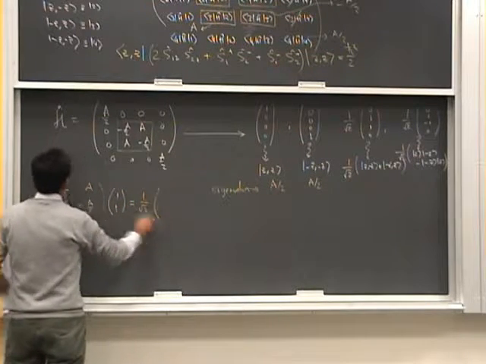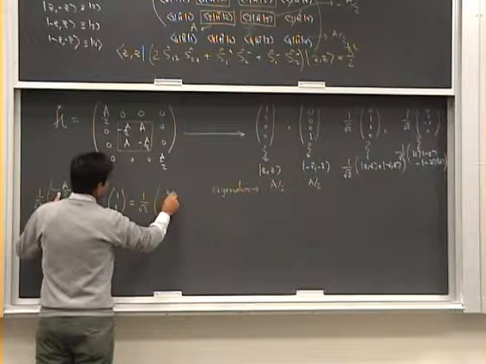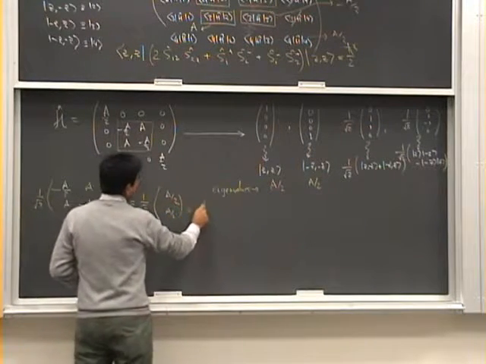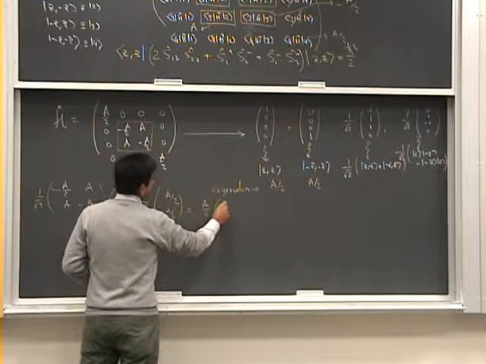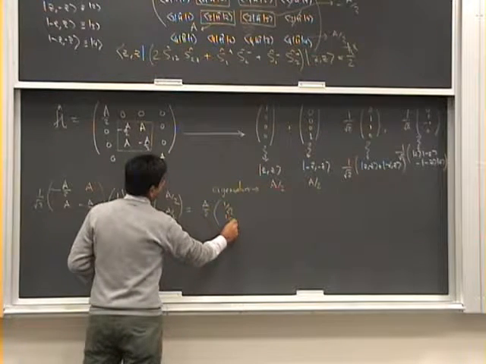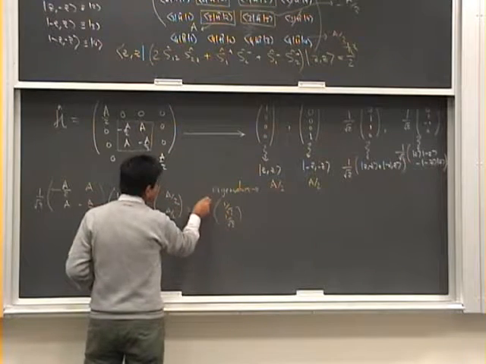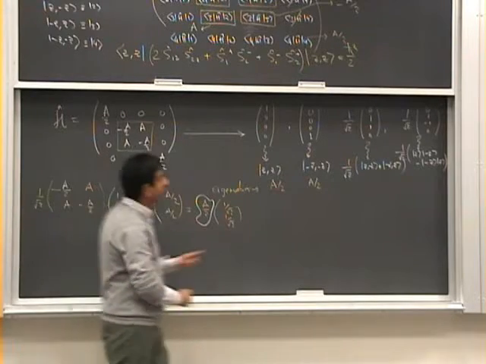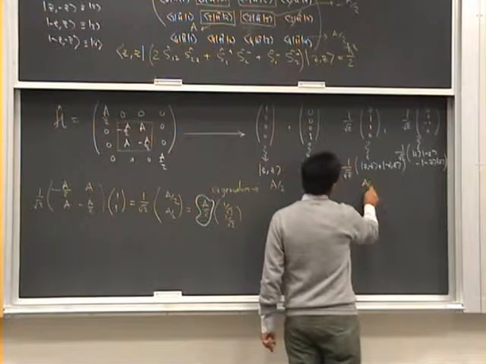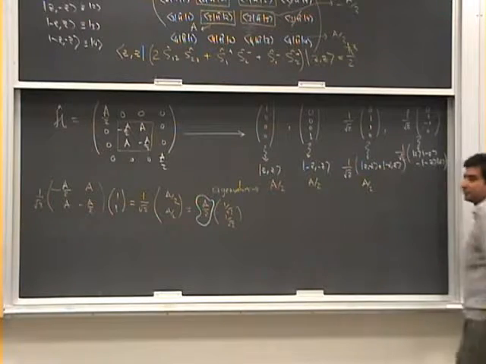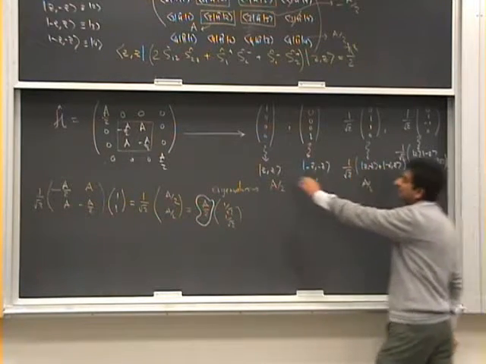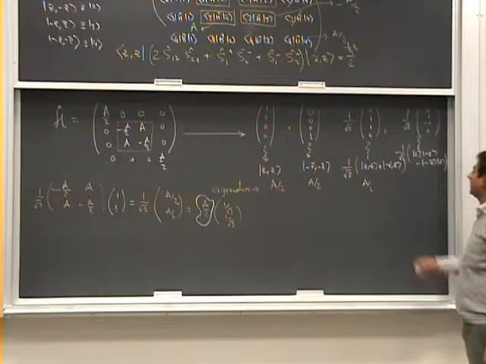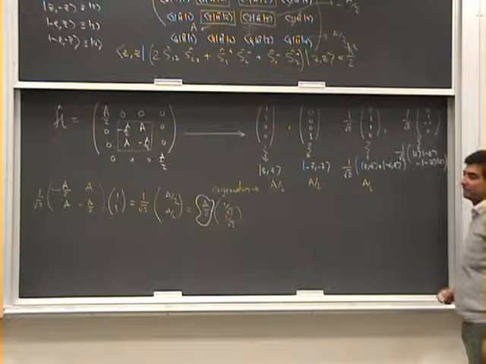1 over root 2: minus A by 2 plus A is A by 2, and A minus A by 2 is A by 2. So I get A by 2 times 1 over root 2, 1 over root 2. So my eigenenergy is A by 2. So the eigenvalue corresponding to this state is also A by 2. Now this is just a sigma x matrix, so if one eigenvalue is A by 2, now we need to find out what the other eigenvalue is.